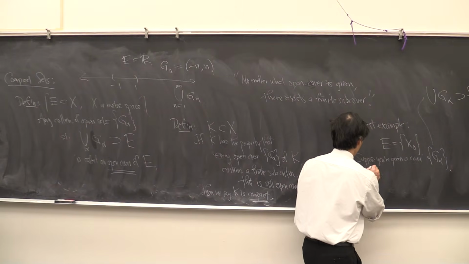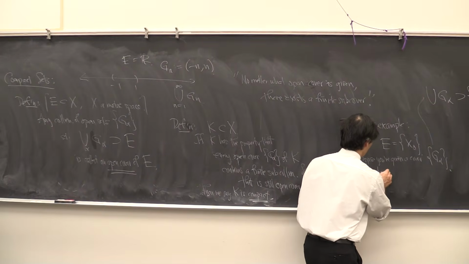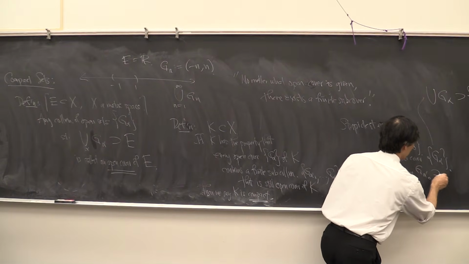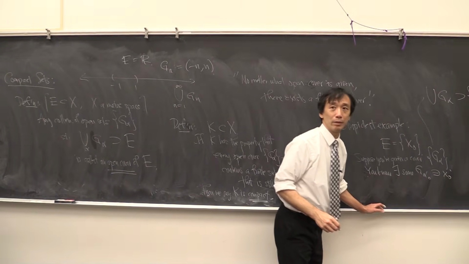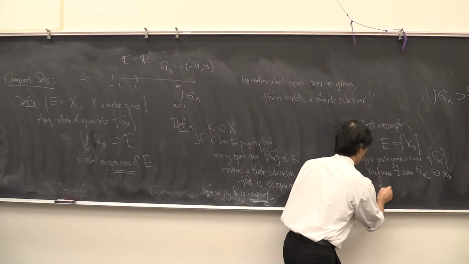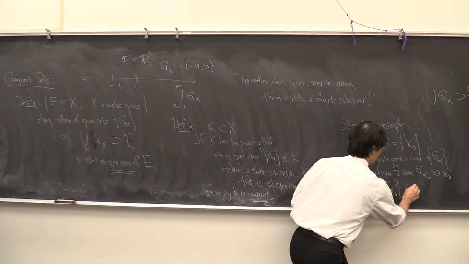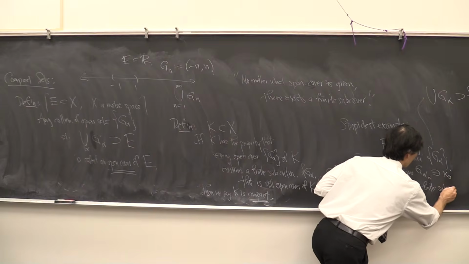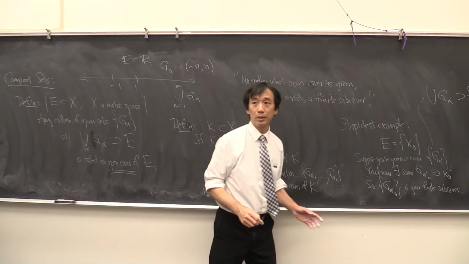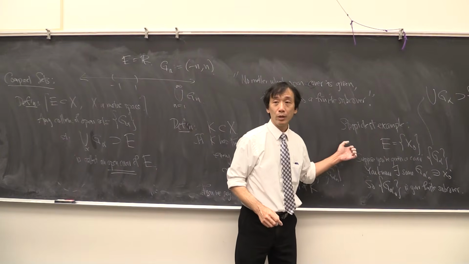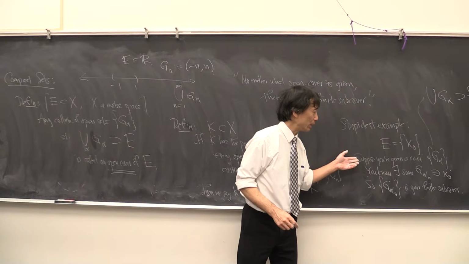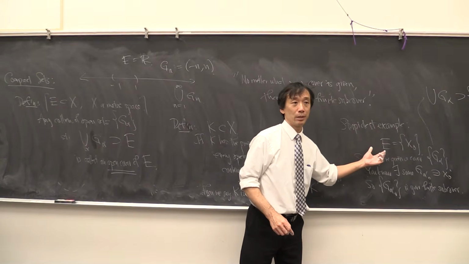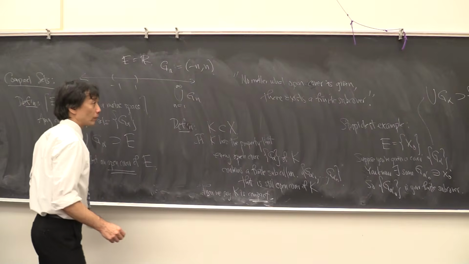So there exists some G alpha naught that contains that point. This is your finite subcover. So what we've just shown is that no matter what cover somebody gives you, there's definitely going to be a finite subcover. And so this set is compact.